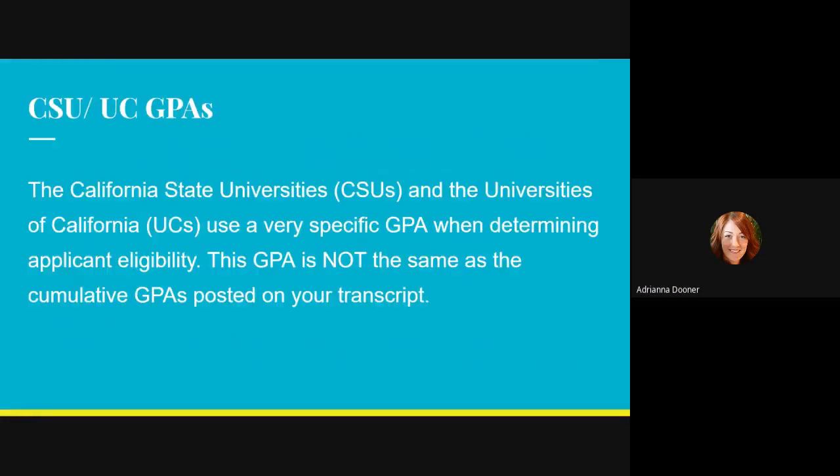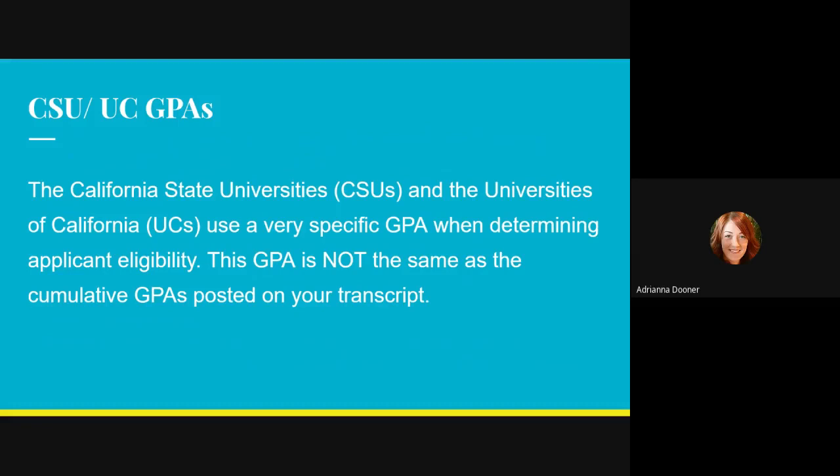The CSUs, the Cal State Universities, and the University of California actually have a specific GPA that they use to determine eligibility into their schools. And this GPA, we like to emphasize, is not the same GPA that a student would see on their Mountain House High School transcript.